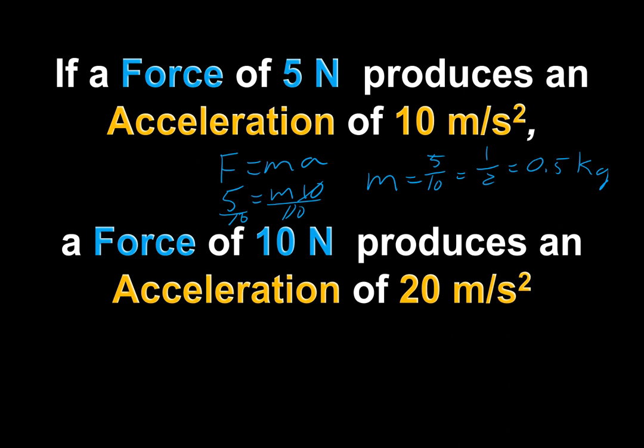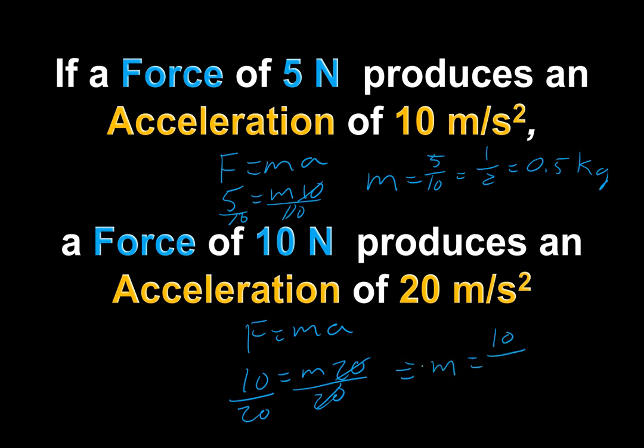So now we're looking at a force of 10 newtons. Again, F equals ma. Our force is 10, our acceleration is 20. So our mass would end up being 10 over 20, which just ends up being 1/2, which still is 0.5.